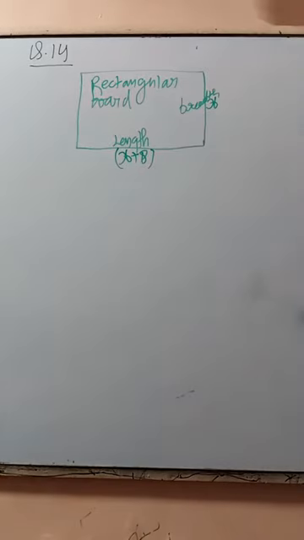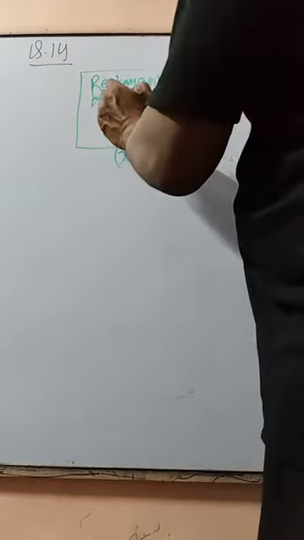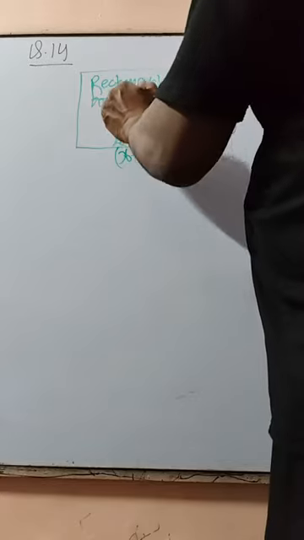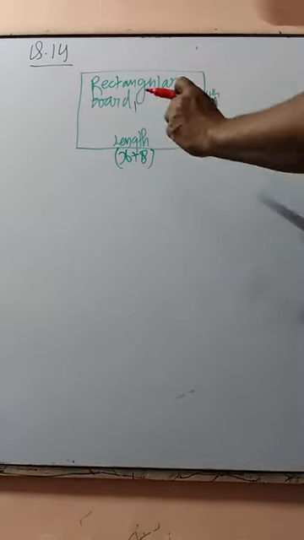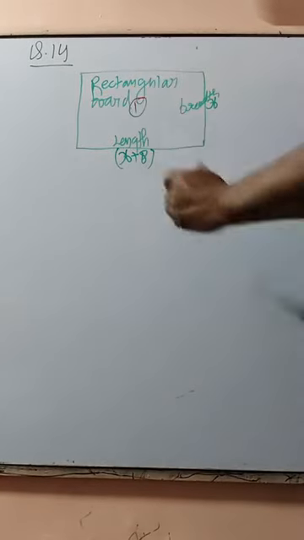Okay, so now if its length is increased by 7 meter, and its breadth is decreased by 4 meter, its area remains unchanged, what is the length of the blackboard? This is rectangular blackboard 1.